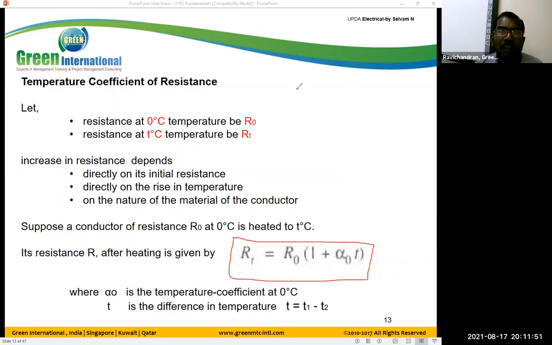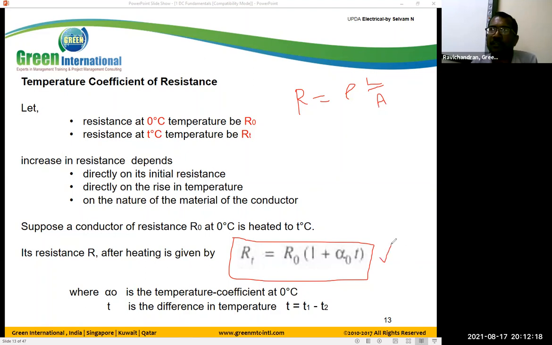To find the resistance, we have two formulas. One, R is equal to rho L by A. This formula is applicable for room temperature. If we want to find the resistance at a particular temperature, for several hundred degrees Celsius, 200 like that, we go to this formula.